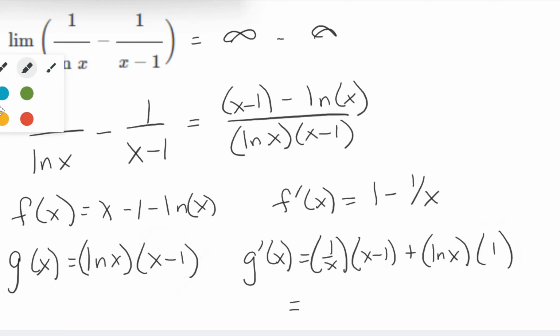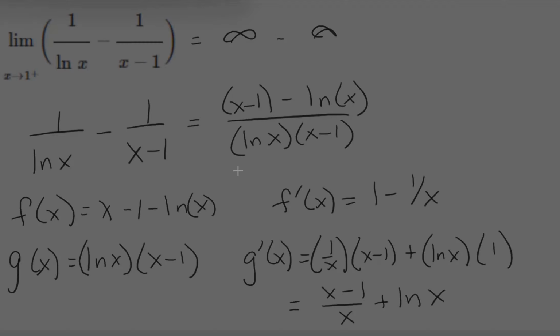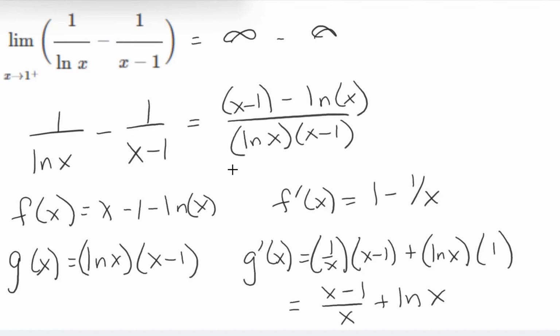I am going to clean this up a little bit, but I don't think it's all going to cancel out. So this becomes x minus 1 over x plus ln of x. Actually, I'm going to do one other thing first. I'll do that next right now.